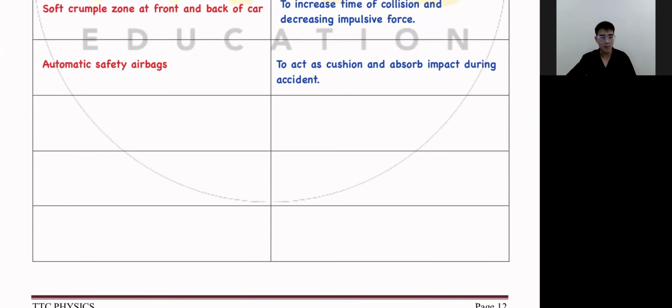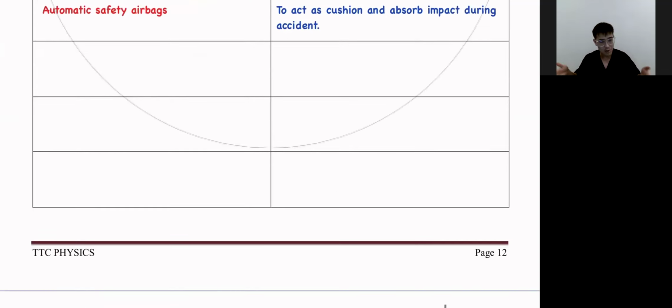Clear? Then the third one. A car will have, inside the side doors, side impact bars.